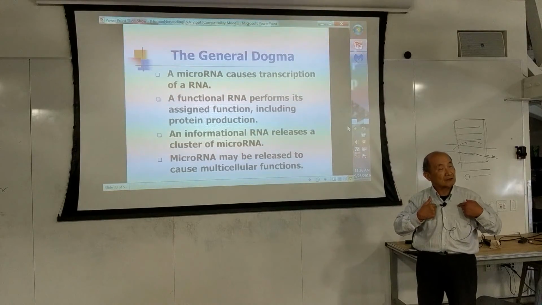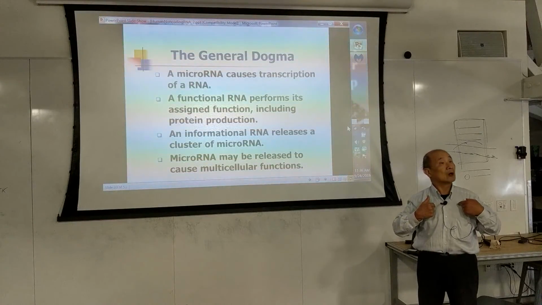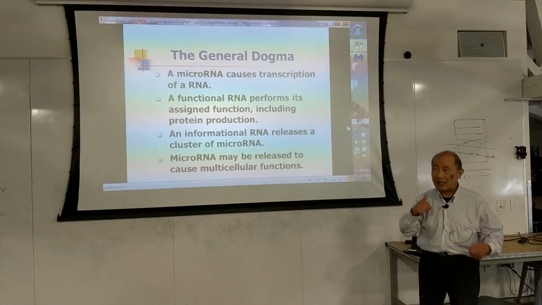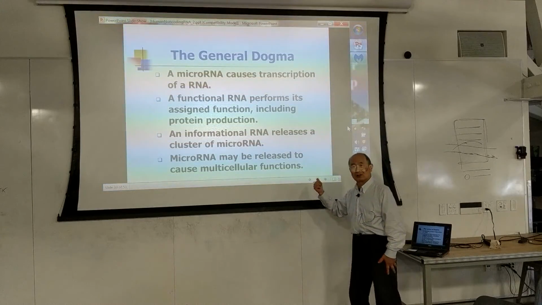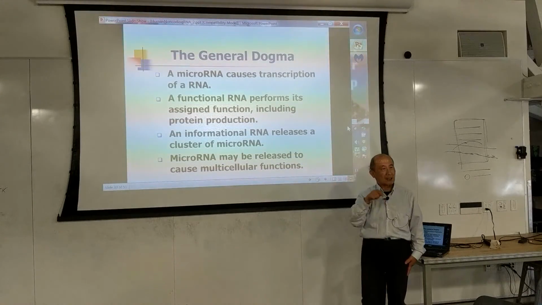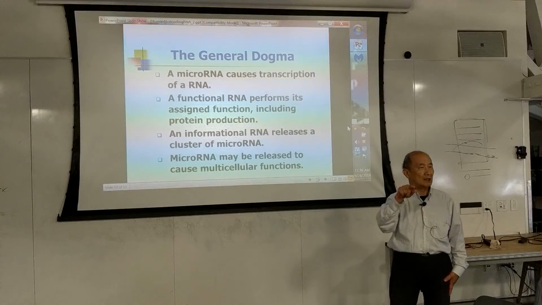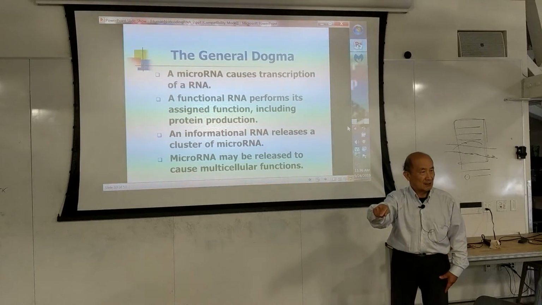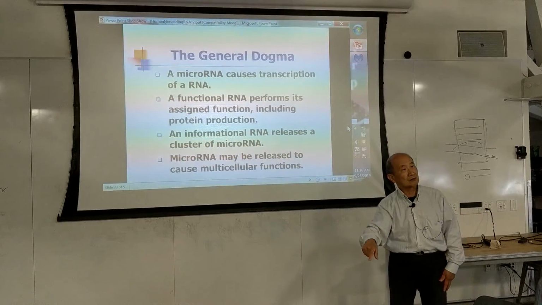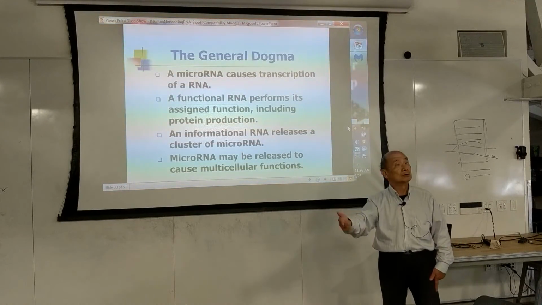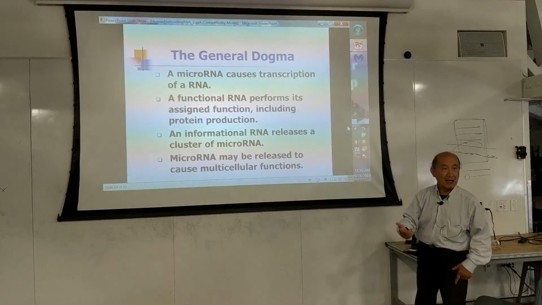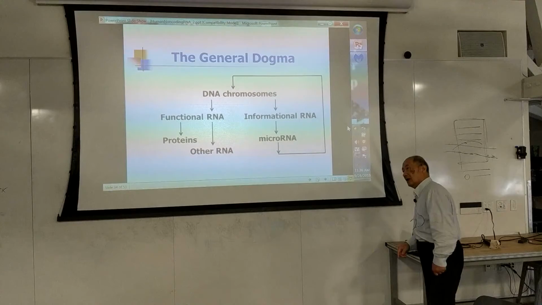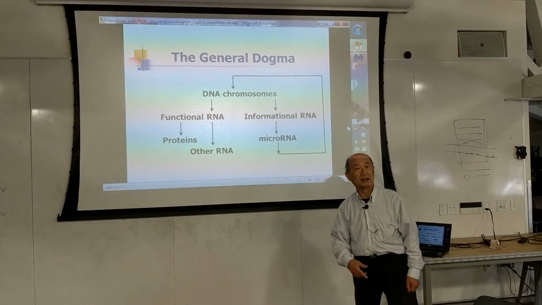How can they be coordinated? I think this is the important mechanism: RNA can be released from a cell and go into other cells and cause them to perform certain functions. This would account for the multicellular organism.